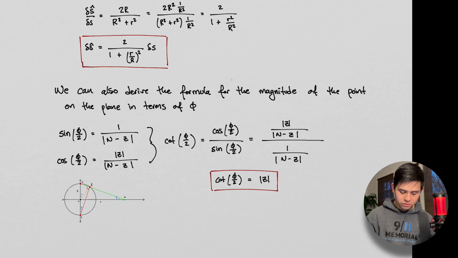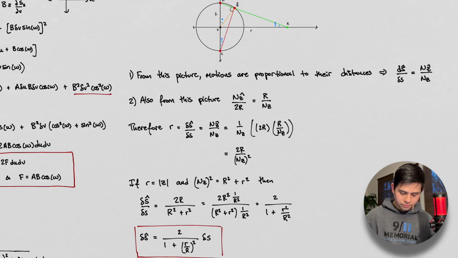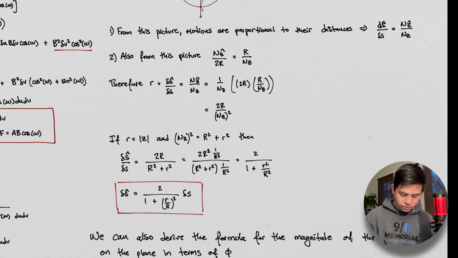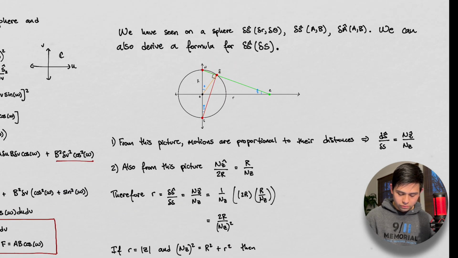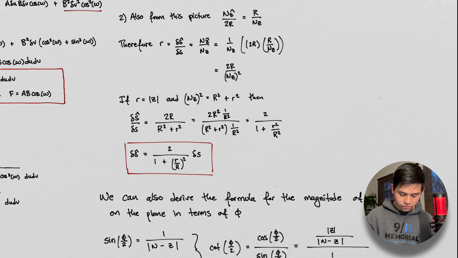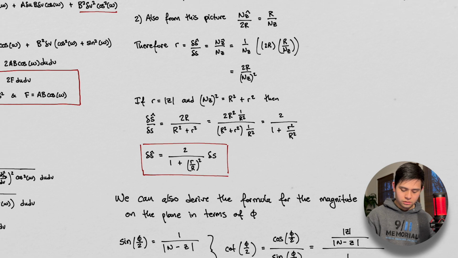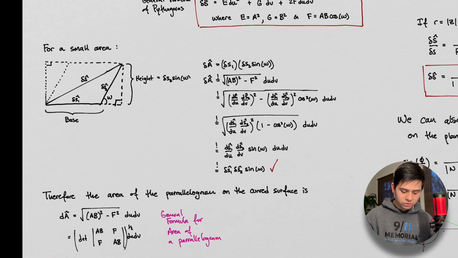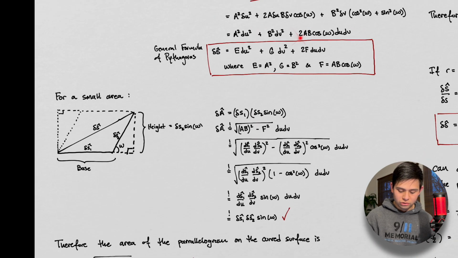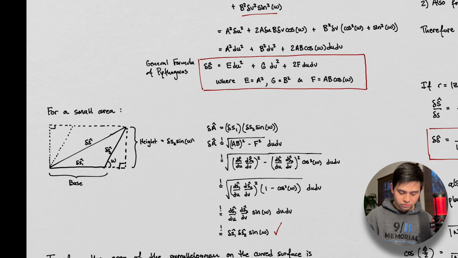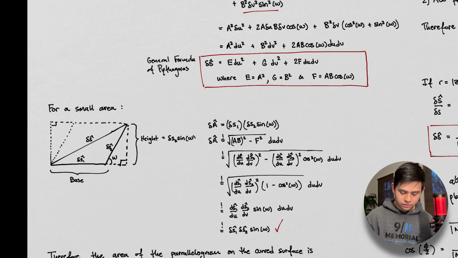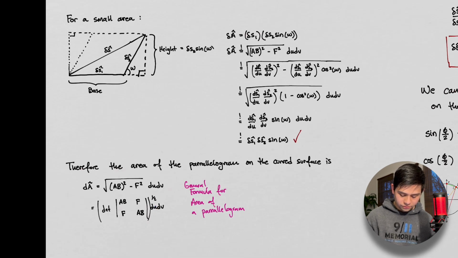We also showed how the metric on the sphere is related to the metric on the complex plane. And we were able to derive some general formulas for distances on the sphere and for areas on the sphere.